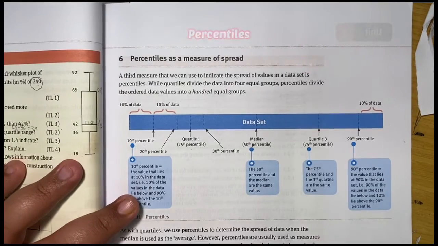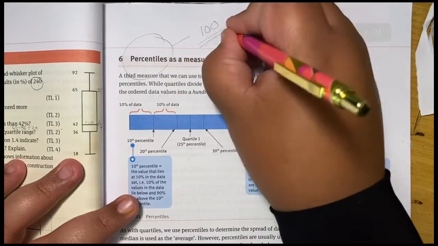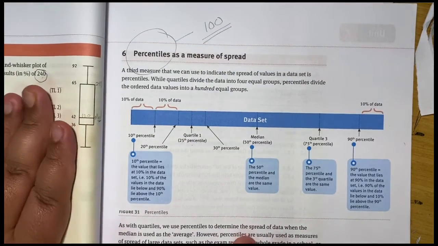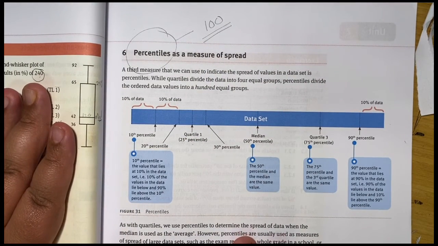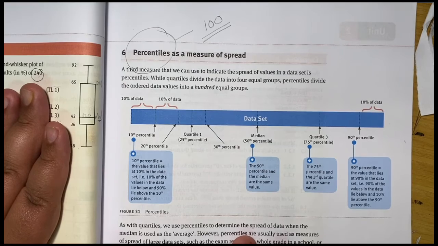Percentiles as a measure of spread. So percentile means we are again working with percent and we're working with 100. So a third measure that we can use to indicate the spread of values in a data set is percentiles. While quartiles divide the data into 4, percentiles divide the data into 100 equal groups. And we dealt with this when we did the growth charts, if you remember that.